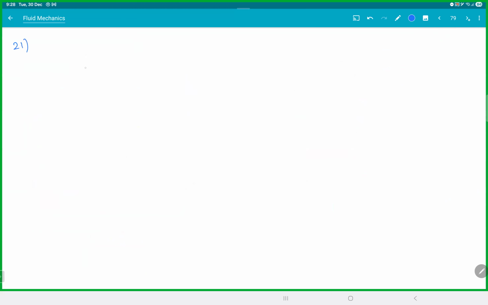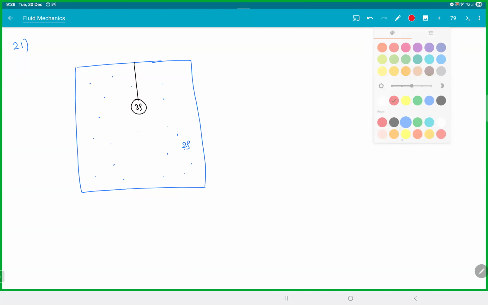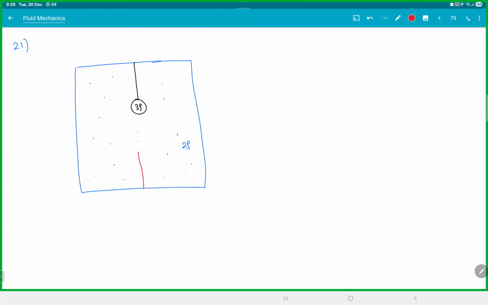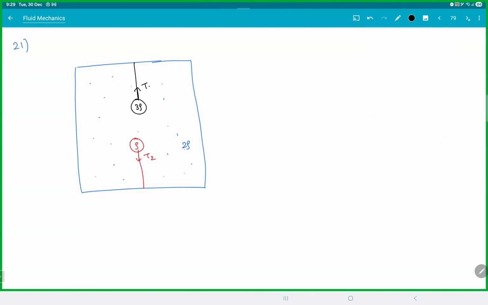Let's see one more. Let's say we have a container fully filled with liquid of density 2 rho. Inside this, you kept a ball of density 3 rho, and you kept a ball of density rho. So this is pulling with tension T2. This is pulling with tension T1.